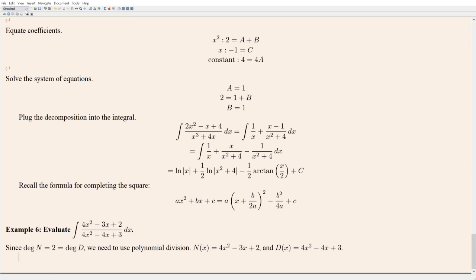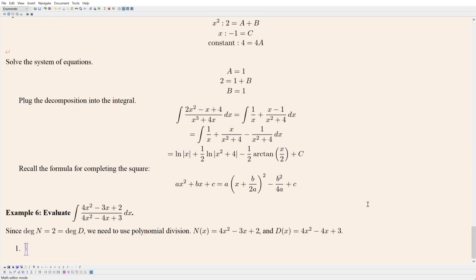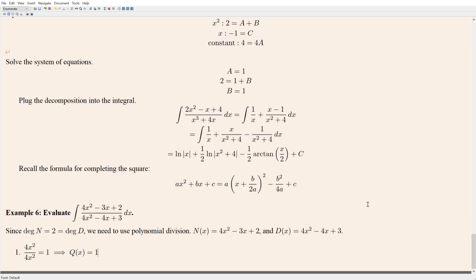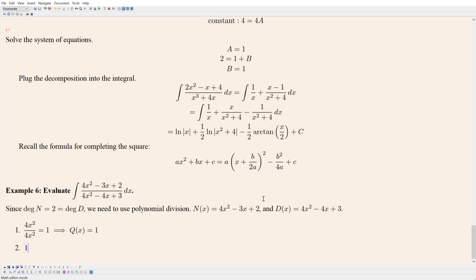So let's go through it. All right, divide the leading term of n by the leading term of d. So 4x squared over 4x squared equals 1. And then that gets put into the quotient. Next, take the result of step 1 and multiply it by d.